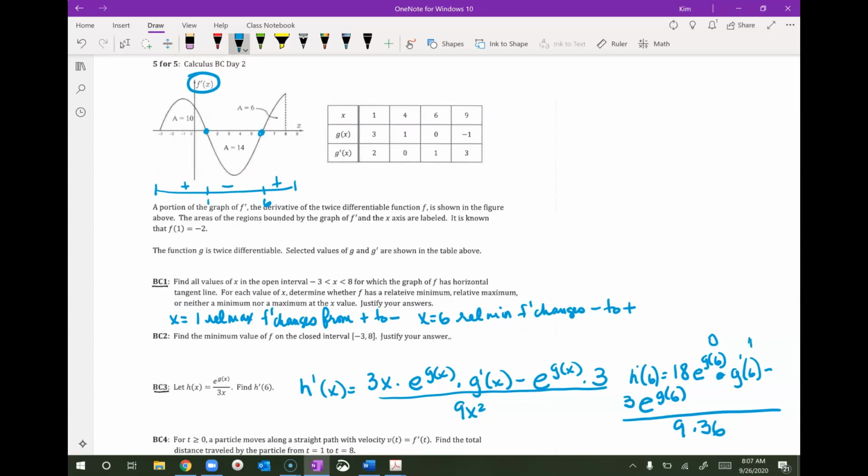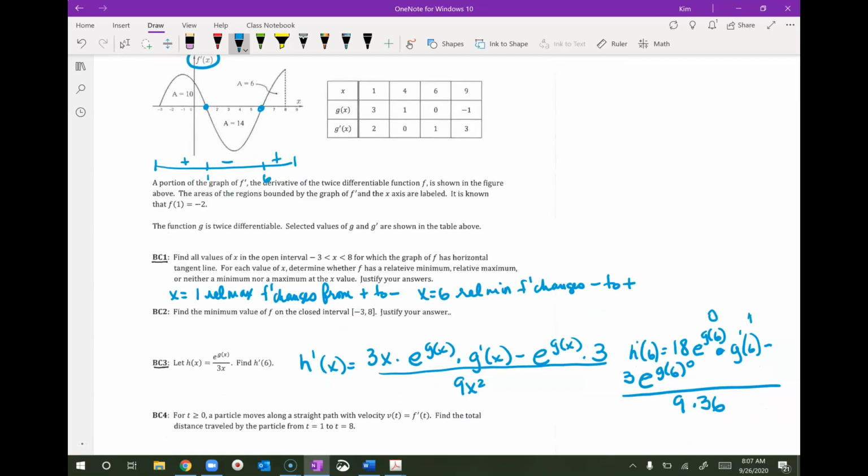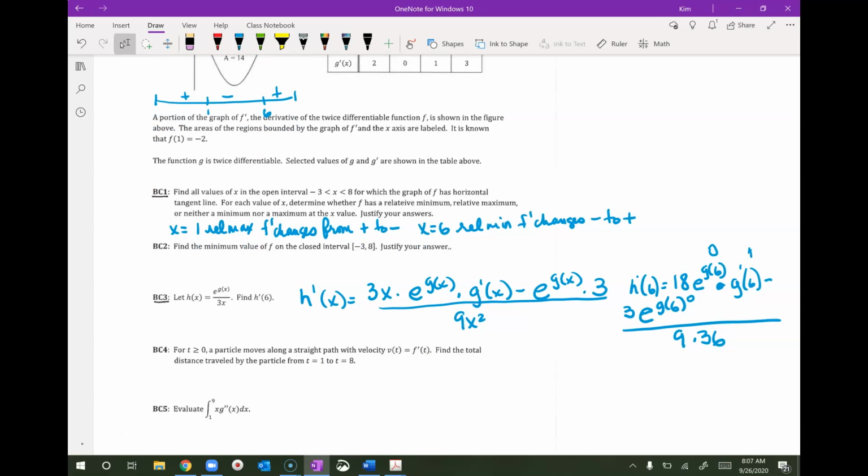And again, G of 6 is 0. So e to the 0 is 1, and that's a real mess over there. So let's see what I can do here. We've got 18 times e to the 0. So 18 times 1, okay, that's just 18, minus 3 times your vegetables.